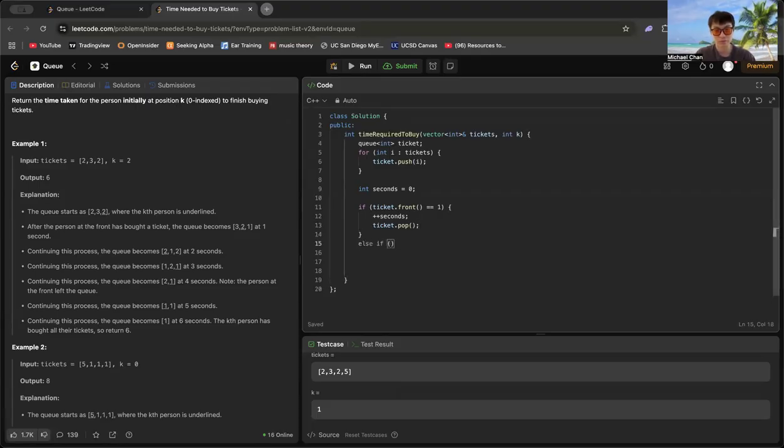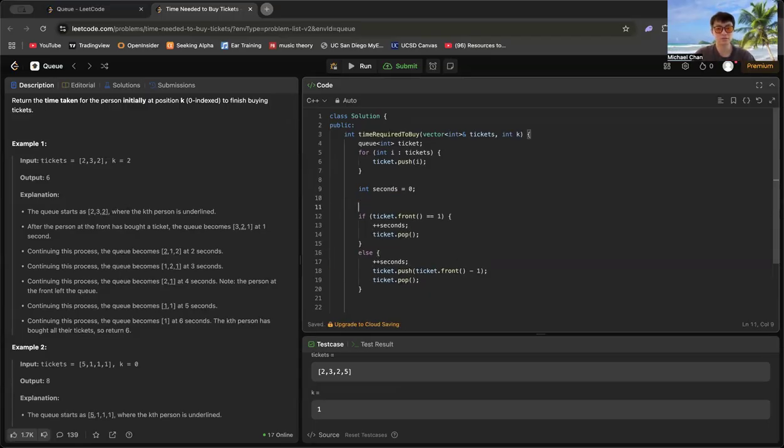Else, if it's not 1, minus 1, put it in the back of the queue, and then pop it. Still increment seconds.